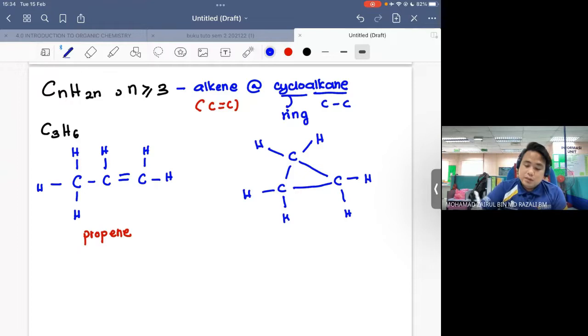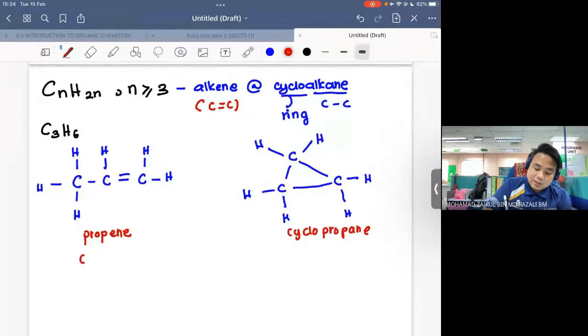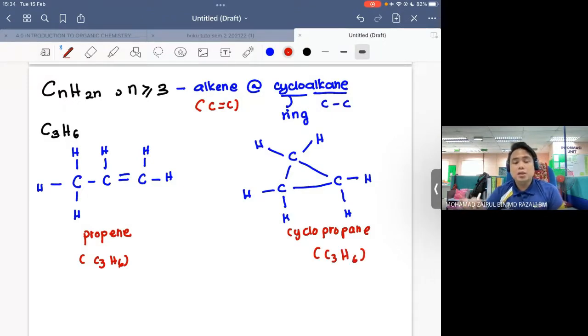The name is cyclopropane. Kita ada 3 carbon, 6 hydrogen. This one also we have 3 carbon, 6 hydrogen. Same molecular formula, same general formula, but different functional group. So the relationship between these two structures, we call it a functional group isomer.